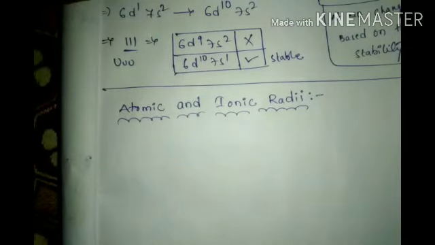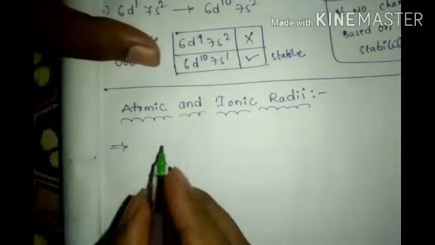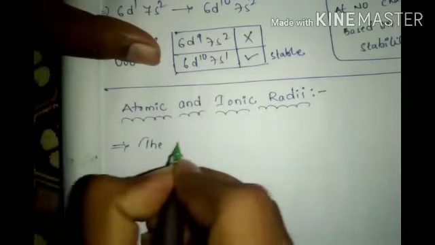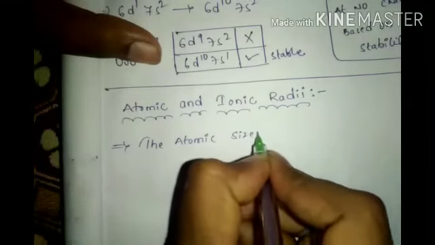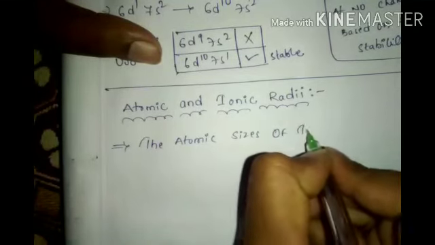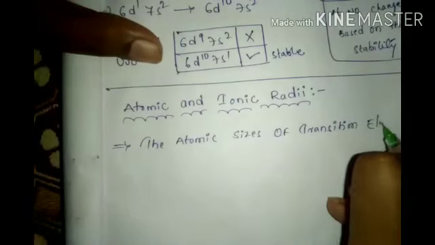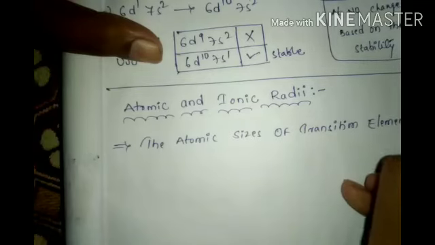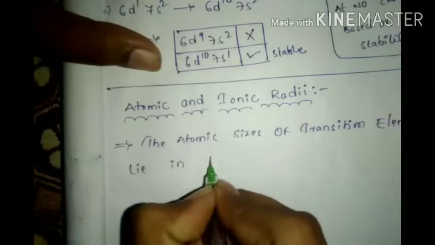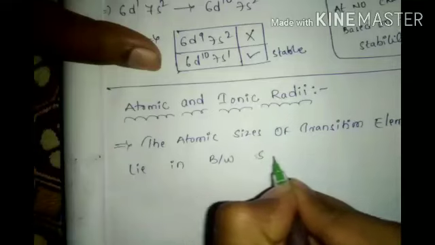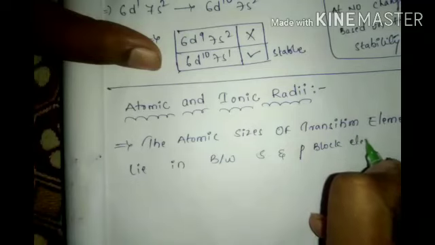Okay, so first of all, the atomic sizes of transition elements lie in between s and p block elements.